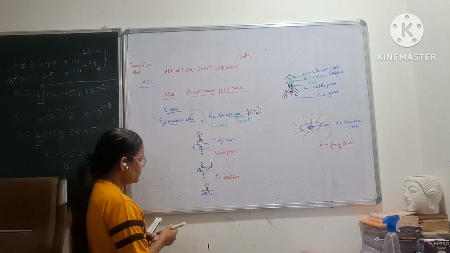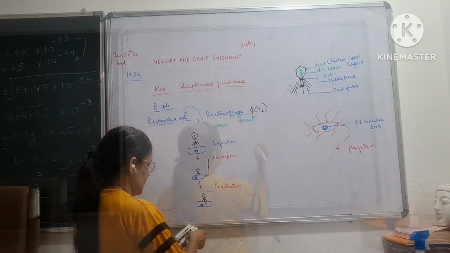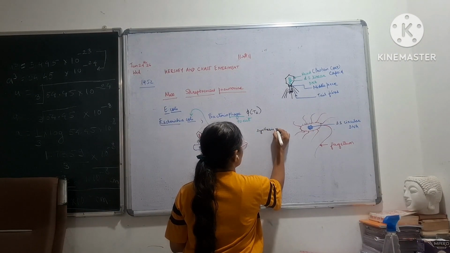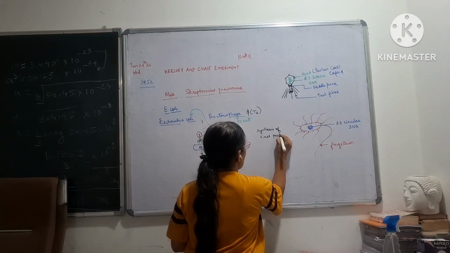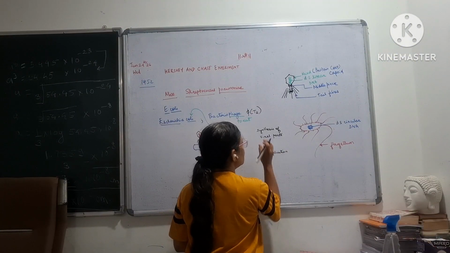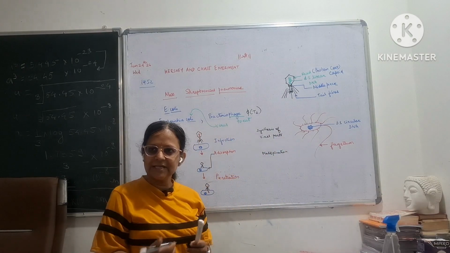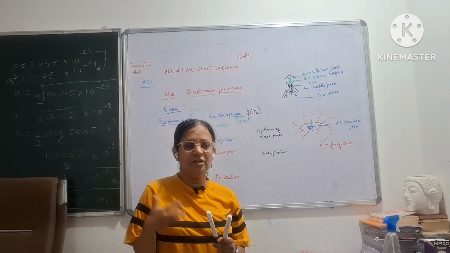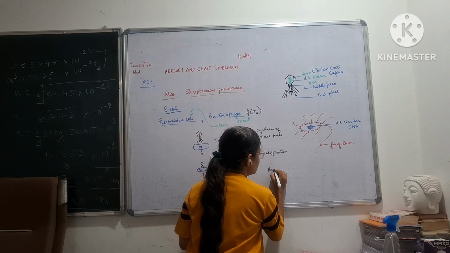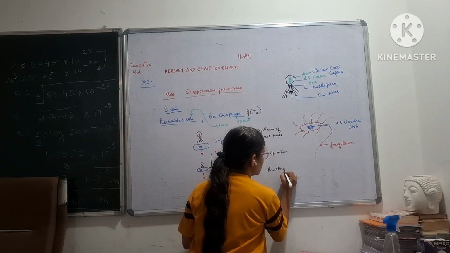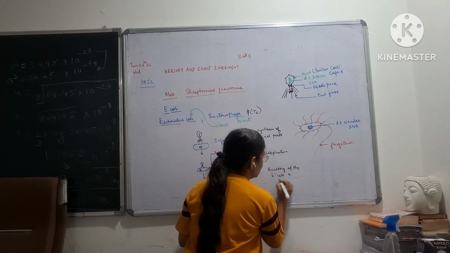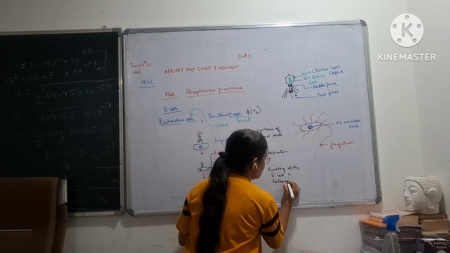So after penetration, there is synthesis of viral parts, and after that there is multiplication, because once the viral parts start getting synthesized, the virus will grow, it will multiply, right? And finally there will be bursting of the bacterial cell and release of viruses.